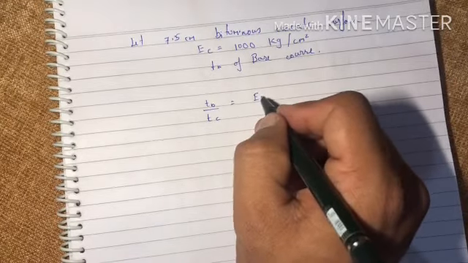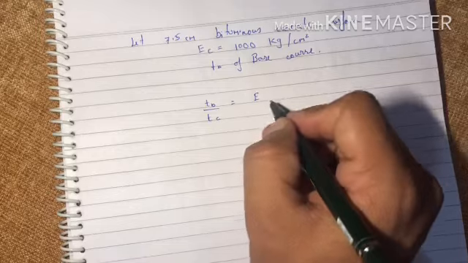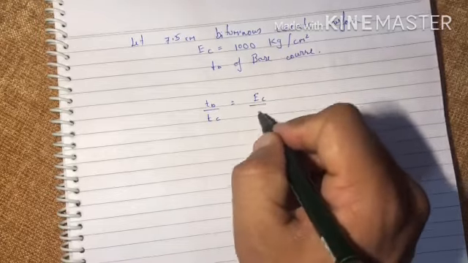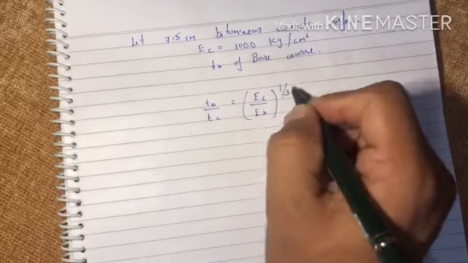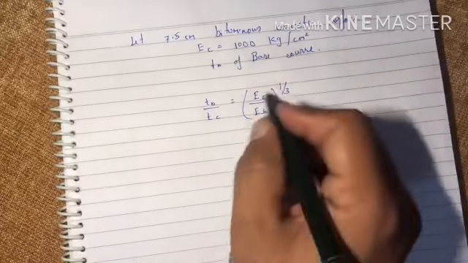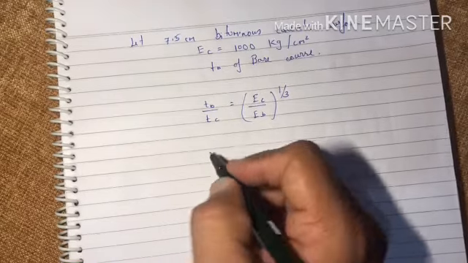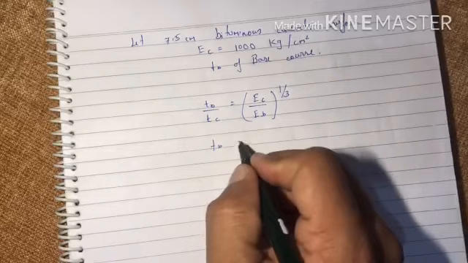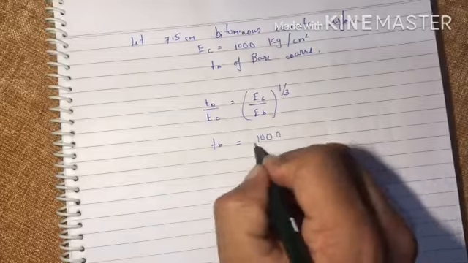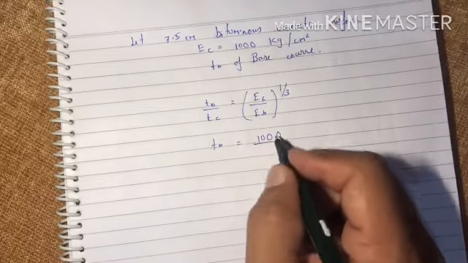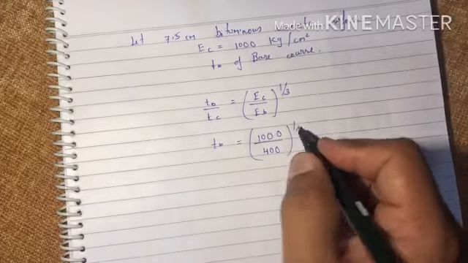Instead of writing E2 by E1, I will take the modulus of elasticity of the bituminous concrete by the modulus of elasticity of the base course, whole raised to 1 by 3. So we know the values here. Taking TB on the left hand side, EC value from the given data is 1000. EB value we also know, that is 400 kg per centimeter square, to 1 by 3.